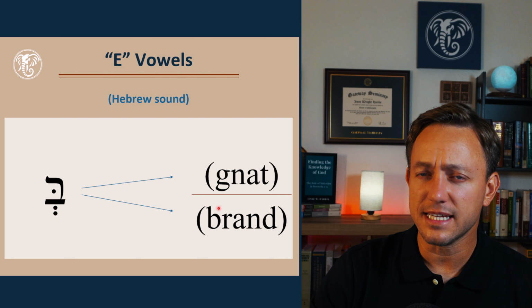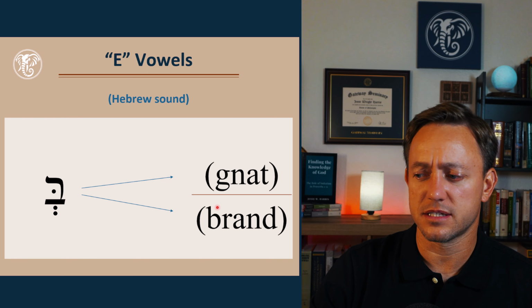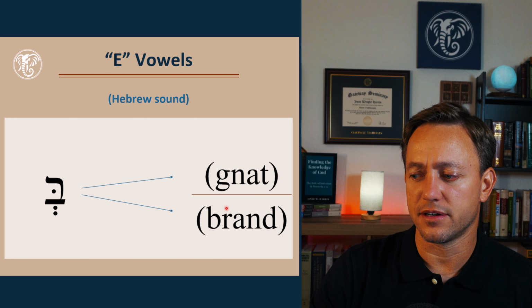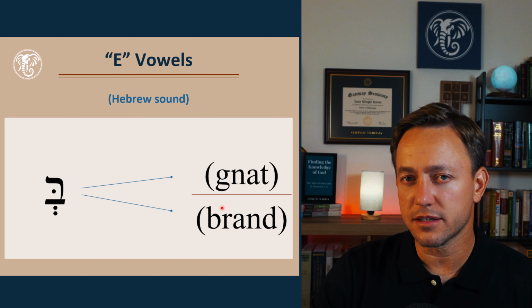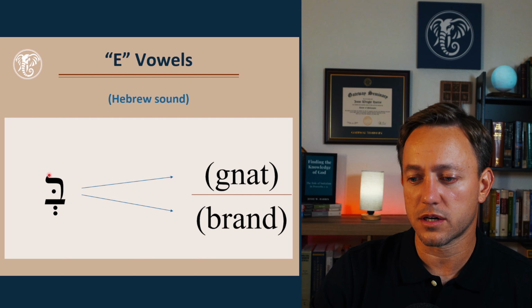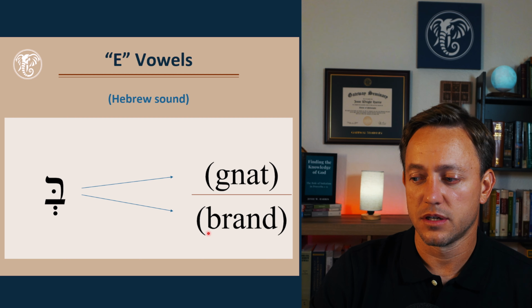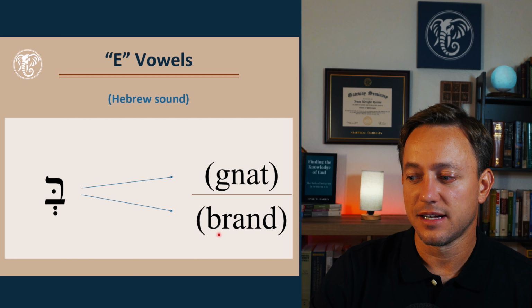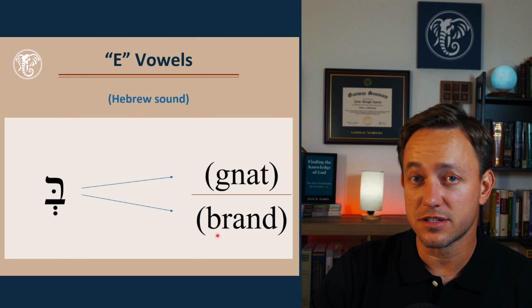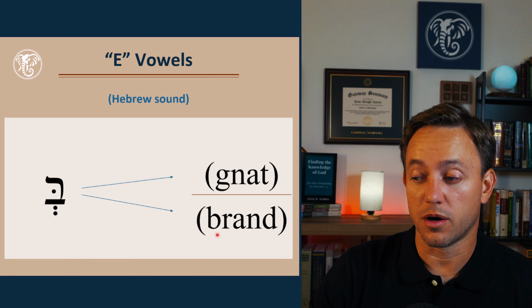But normally in English, we typically just say brand together. And that's a little bit how the Shva also works. It oftentimes will have this joint sound to it, brand. And depending on how you say it, it might have a little bit more brand or just brand.